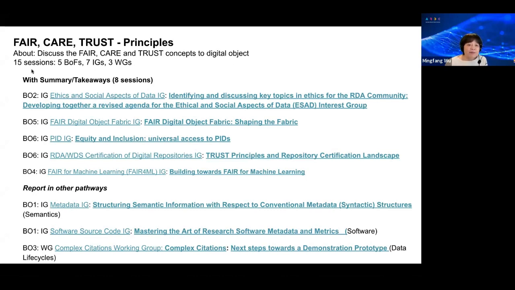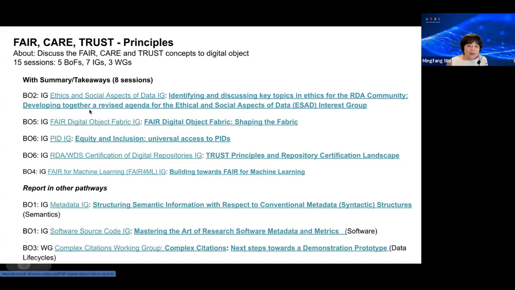We have 15 sessions in this pathway. 8 sessions provided a summary or key takeaway messages. Since one session could be in multiple pathways, we select the sessions we think fit best to report here.